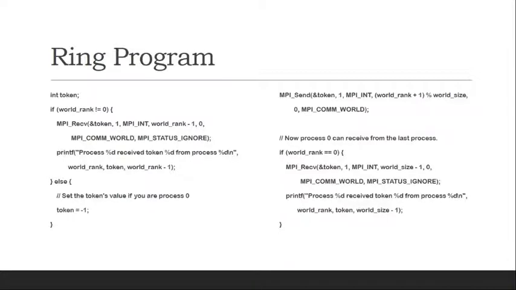So in our program, we are considering a total of 5 processes: process 0, 1, 2, 3, and 4. So what happens is that till the response is received from the last process back to the first process, this particular program or algorithm is in function.